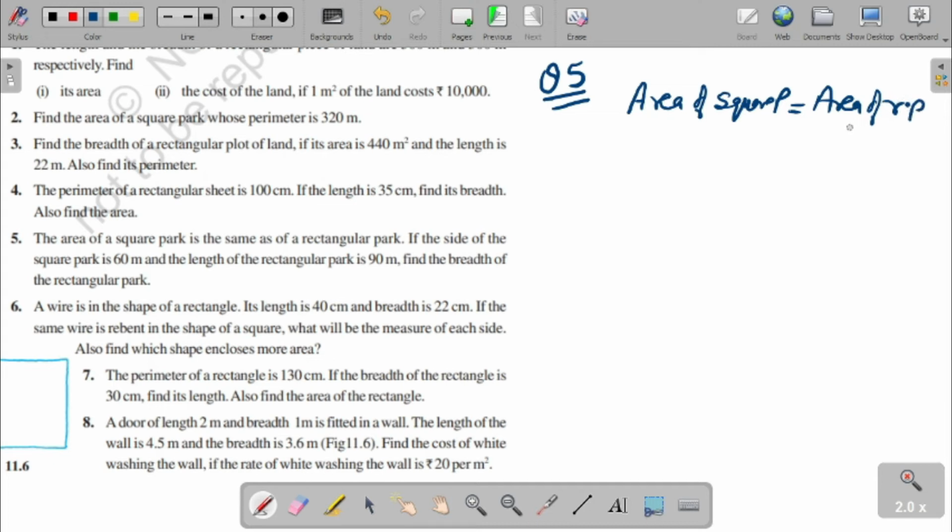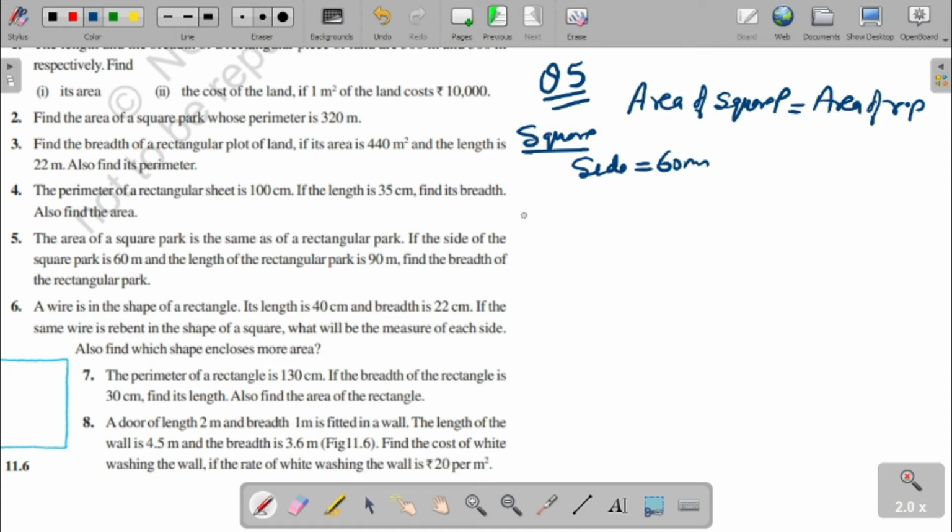This is the relation which we have to use. The side of the square park is 60 meter.